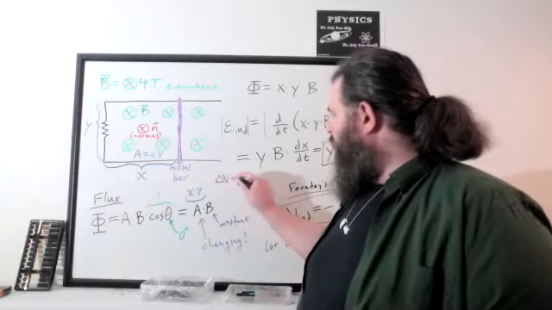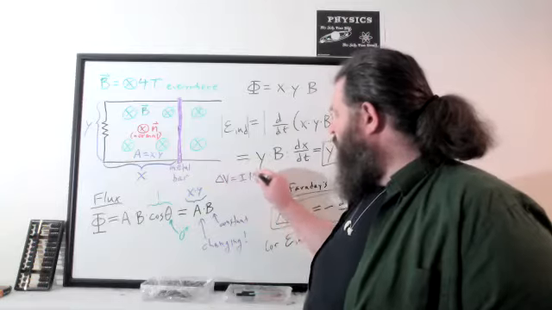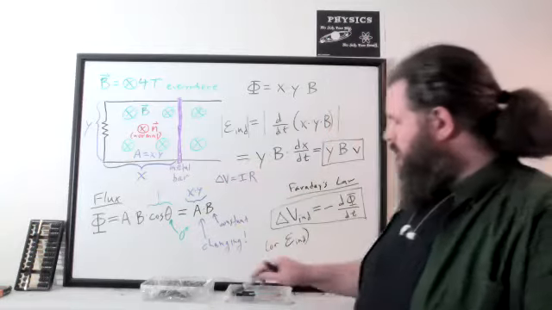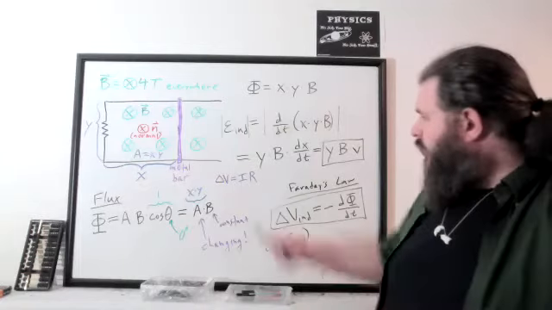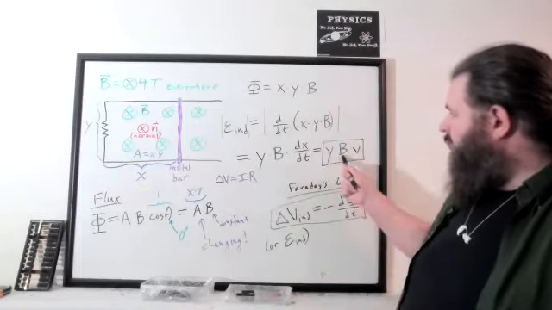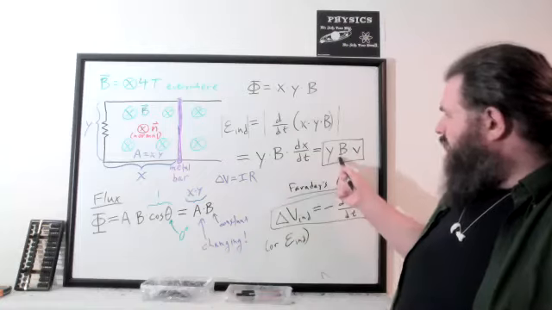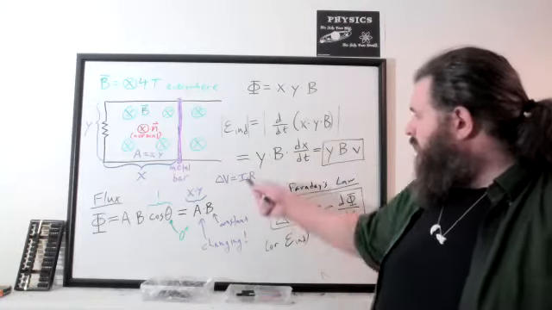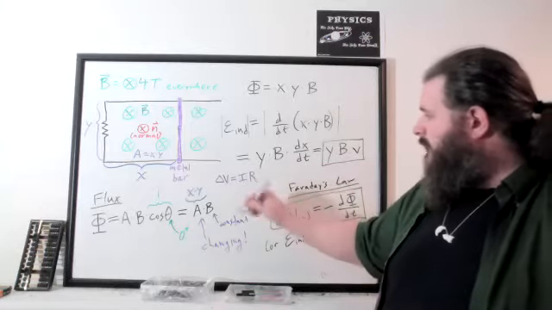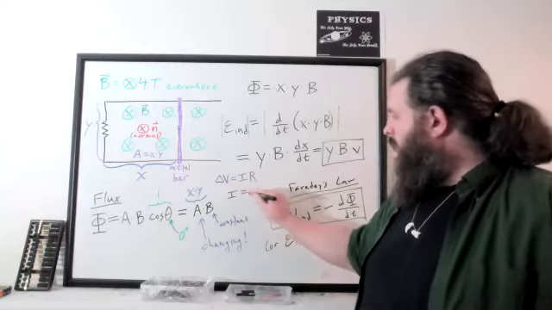And I'm going to ignore the negative again here because that's just talking about direction. The resistor is really the only thing in this loop that uses voltage. So the resistor is getting that full voltage. This yBv, the induced voltage, is the voltage this resistor gets. So we can set those equal, divide by R, and that tells us the current.